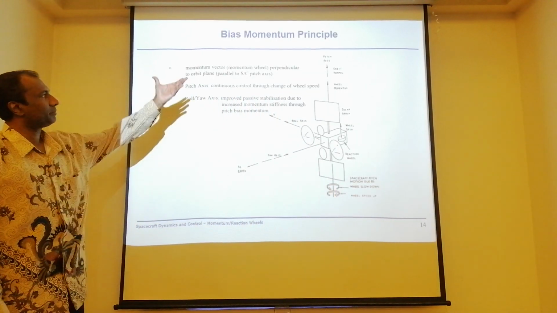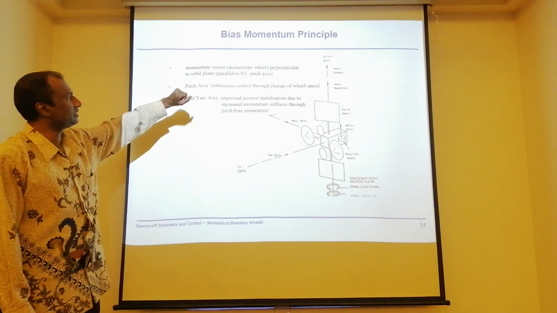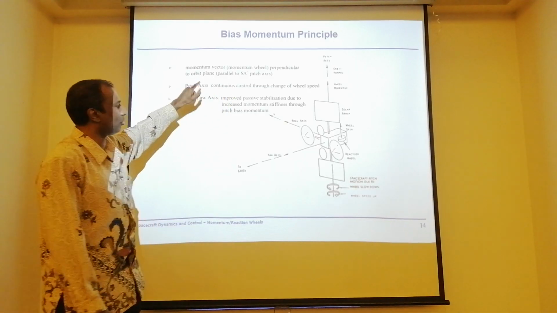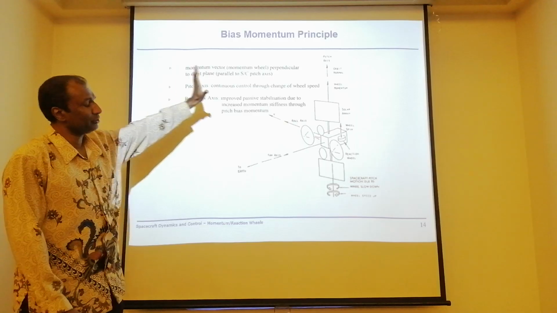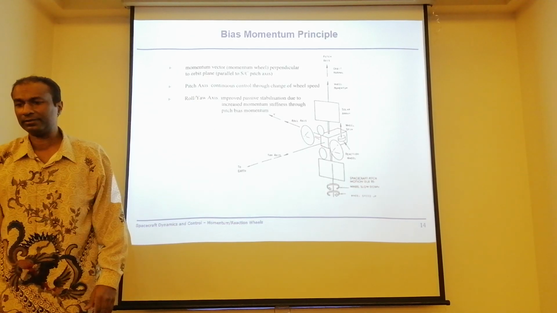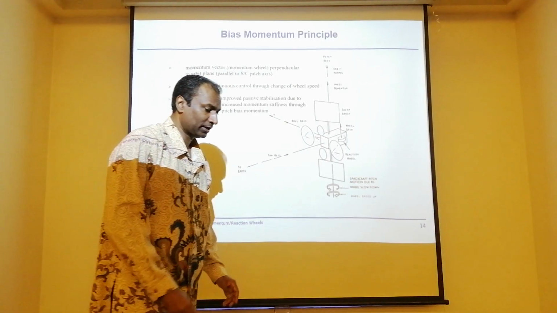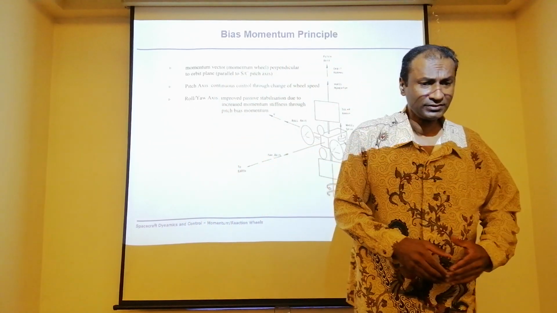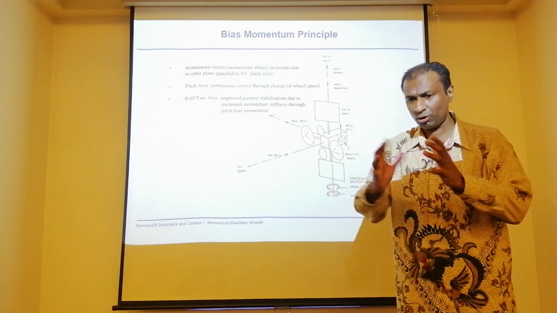Okay, now let's see the bias momentum principle. Momentum vector is perpendicular to the orbit plane. Okay, I am going to specifically pick a bias momentum satellite because it's quite typical for a small satellite.